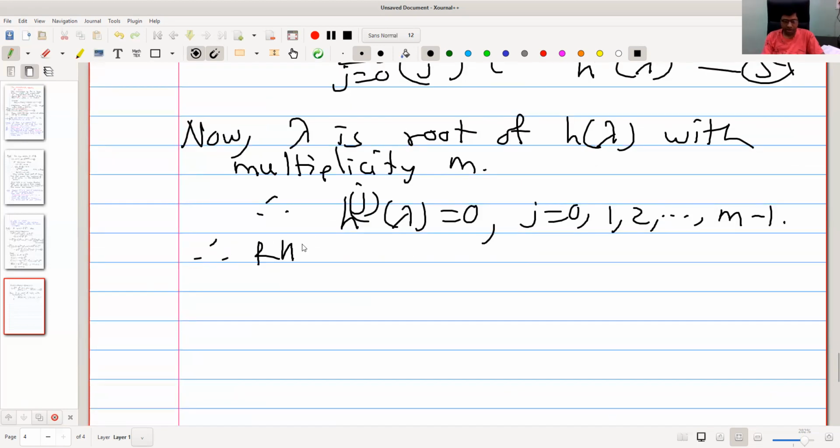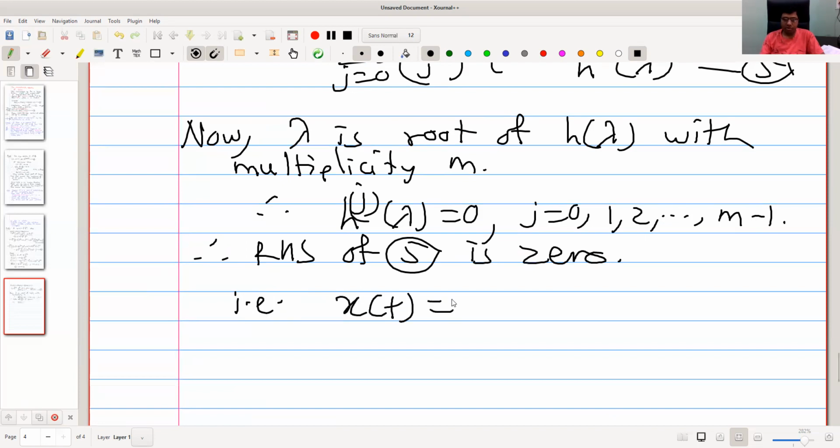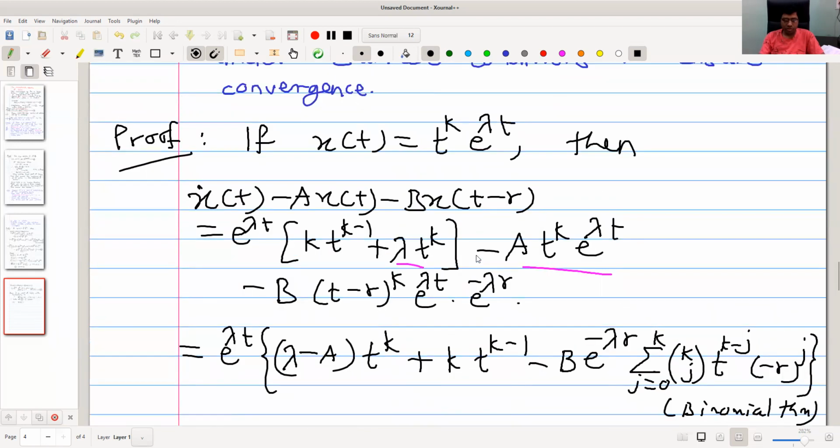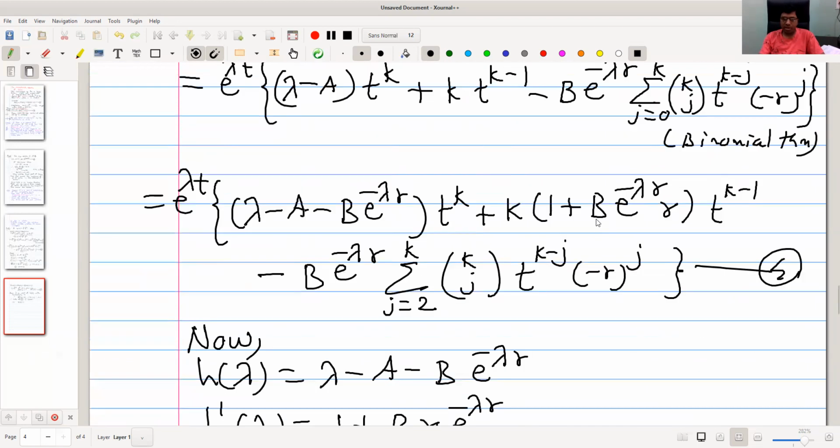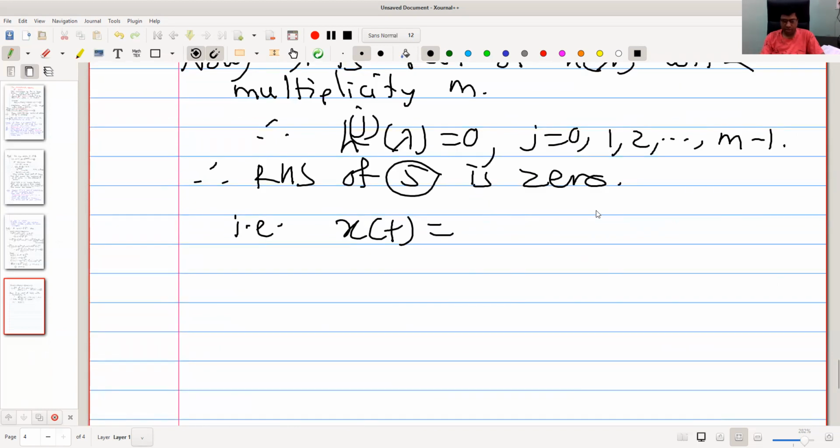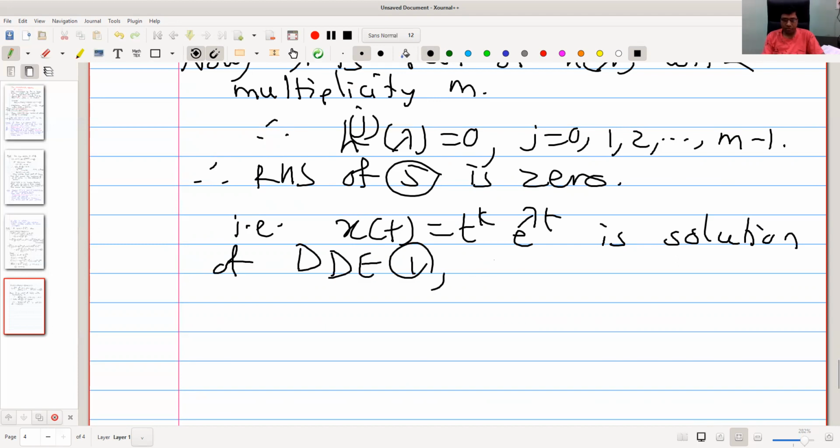Therefore x of t equal to t raised to k e raised to lambda t is a solution of delay differential equation 1 for k equal to 0, 1 up to m minus 1.